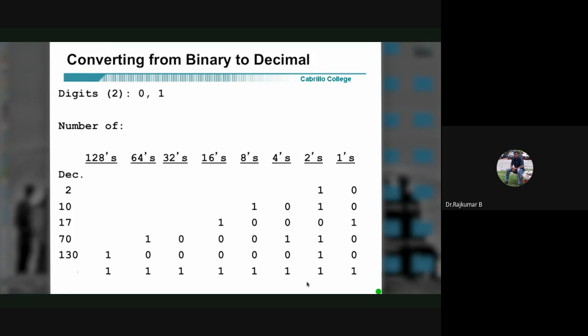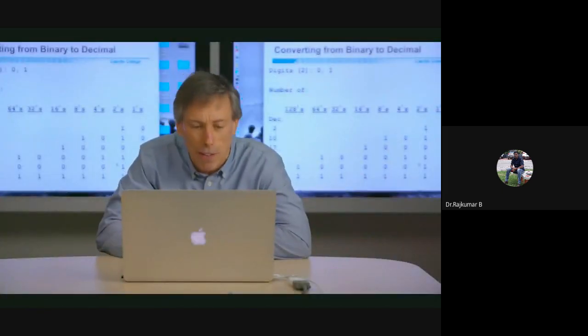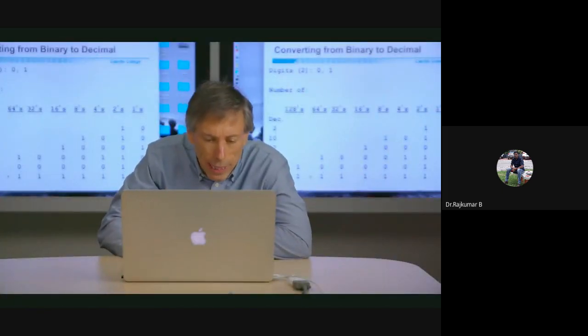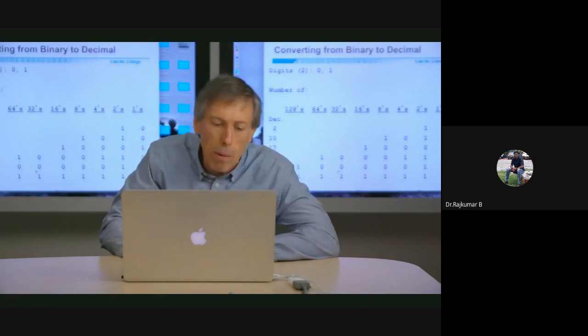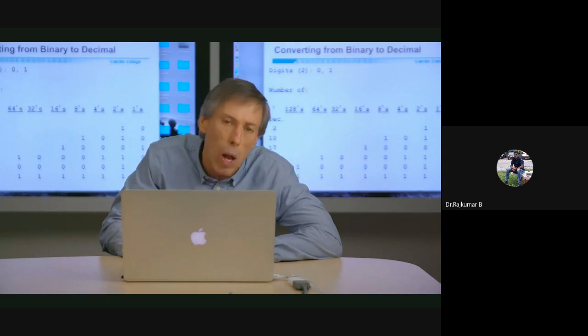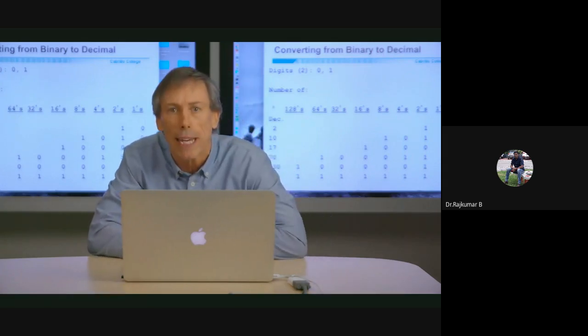And let's take a look at this last one here. Oh, that looks tough. A lot of adding to do, isn't it? So we'd have to add 128 plus 64 plus 32 plus 16 plus 8 plus 4 plus 2 plus 1. What does that give us? 255. And there's actually an easy way to figure that out when we have all ones. What would be the next value after 128, the next column? Well, that would be 256.